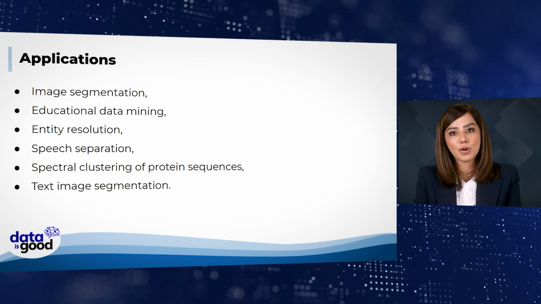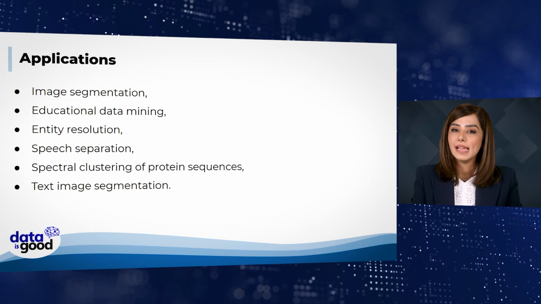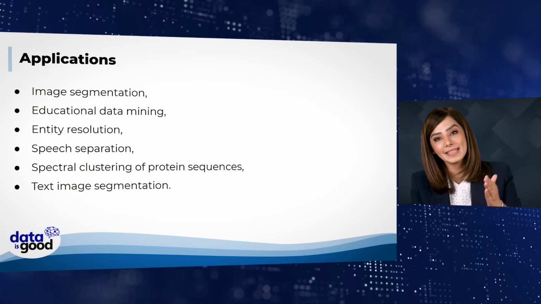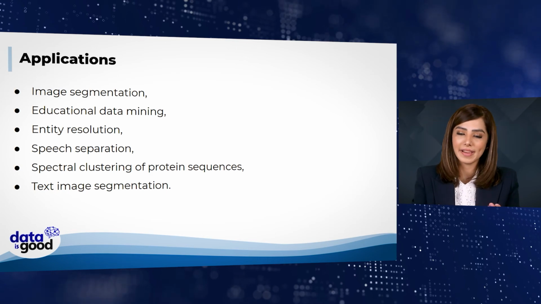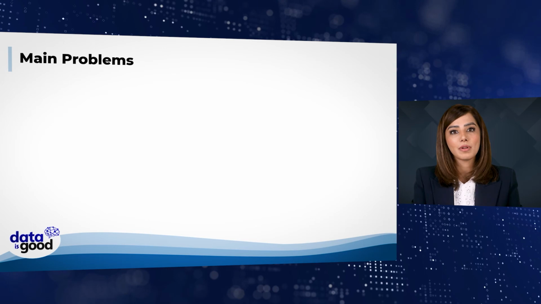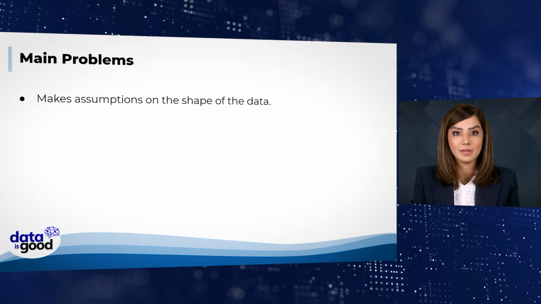One of the more popular algorithms is the k-means algorithm. In this algorithm, we have k centroids adjusted in an iterative process to find our clusters. Sounds good, right? But the main problems are, it makes assumptions on the shape of the data, a round sphere, or radial basis.